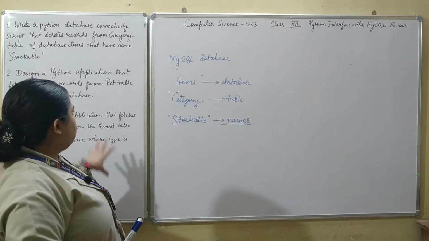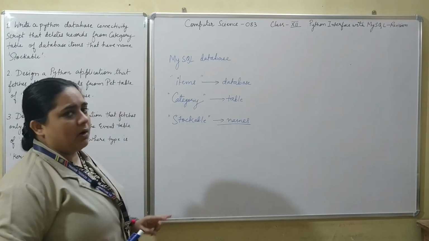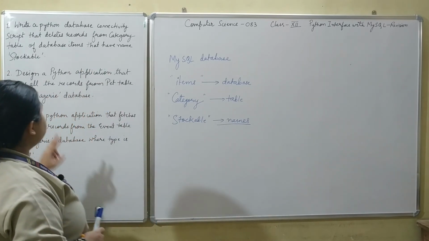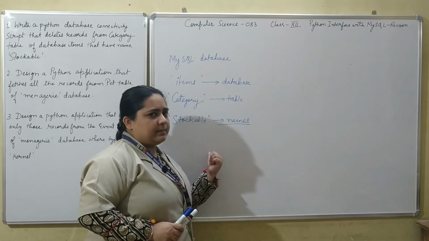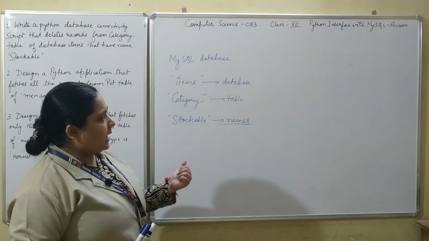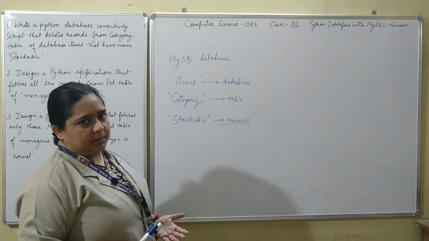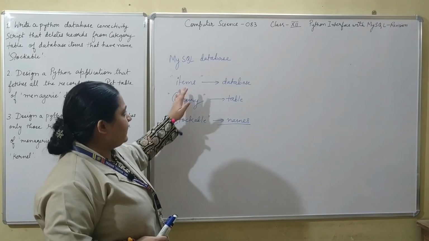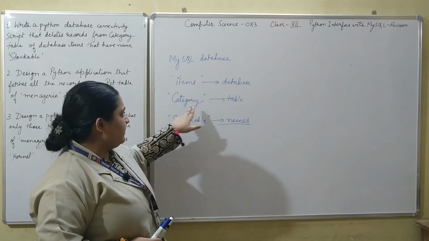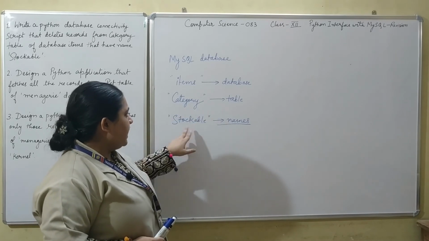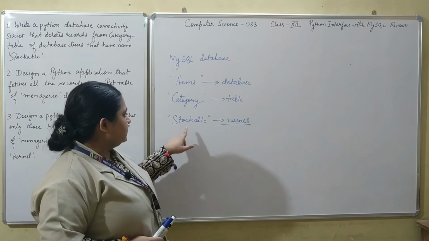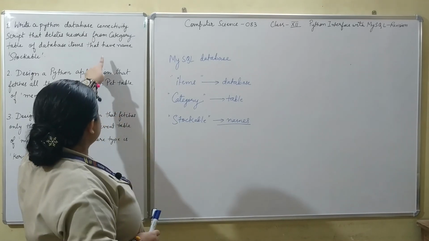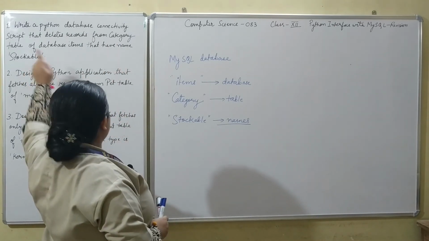You are completely dependent on the limited information given to you in the question. So over here, we are going to use this limited information only and solve our problem. You don't need anything else. You need a database name, you need a table name, and you have to look for those records where name is stockable.